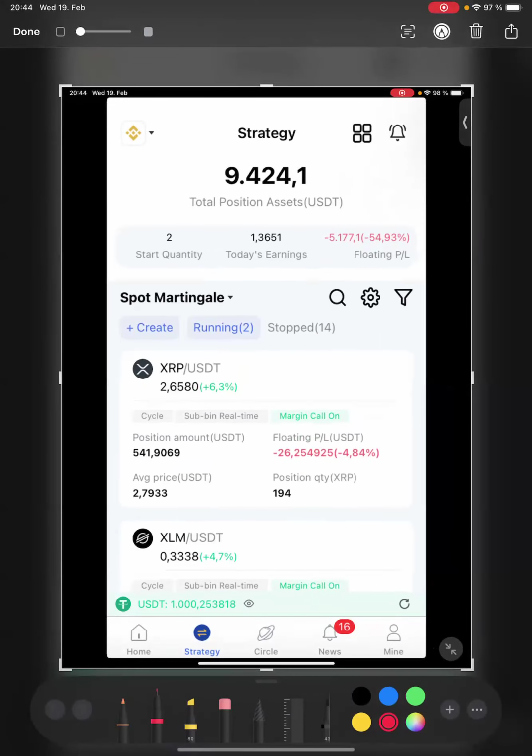Now, how do you know a coin is pumping? Can you all see this? This is the current price of XRP, 2.6580. If Lincoln is here, he will remember that XRP dropped to 2.2 or 2.1. So someone buying it at 2.1 and now it's on 2.6, you both agree with me that the person will be in profit now, right?